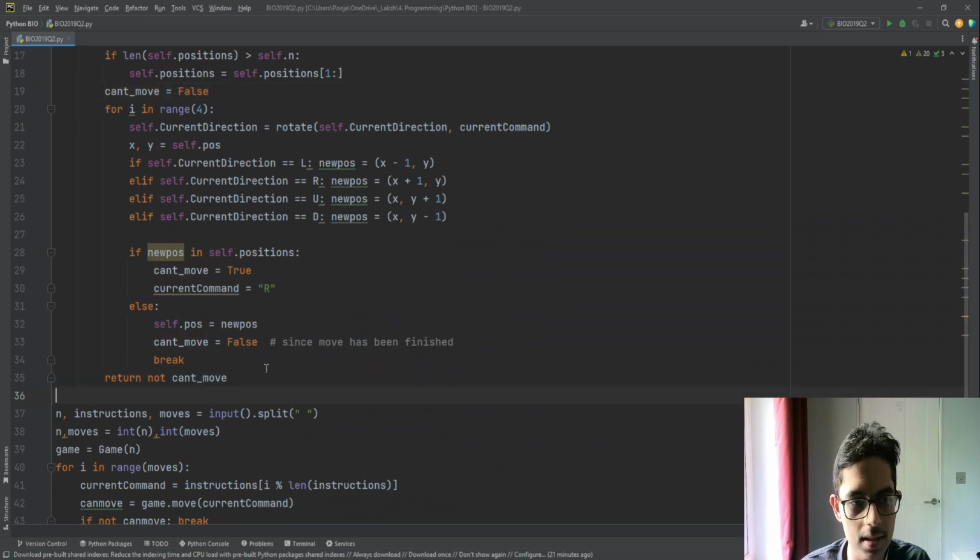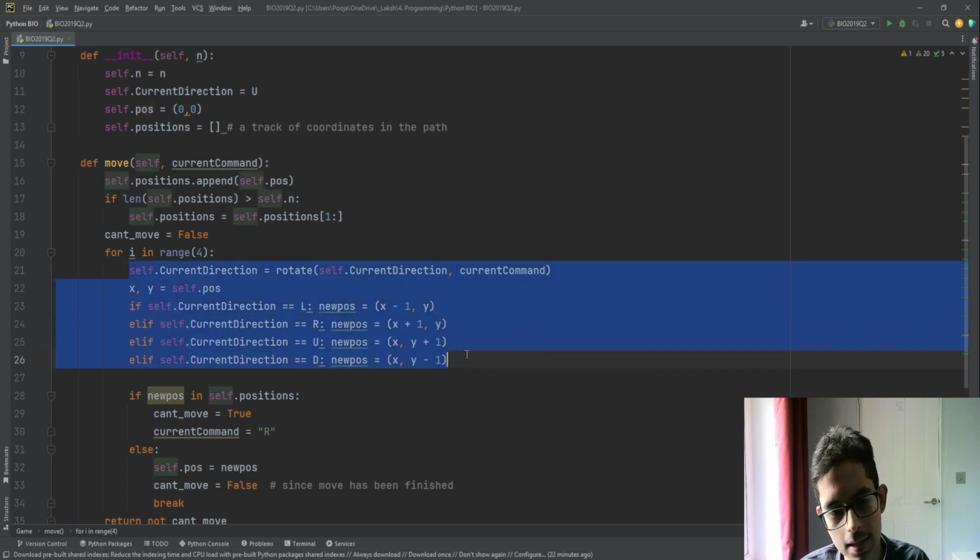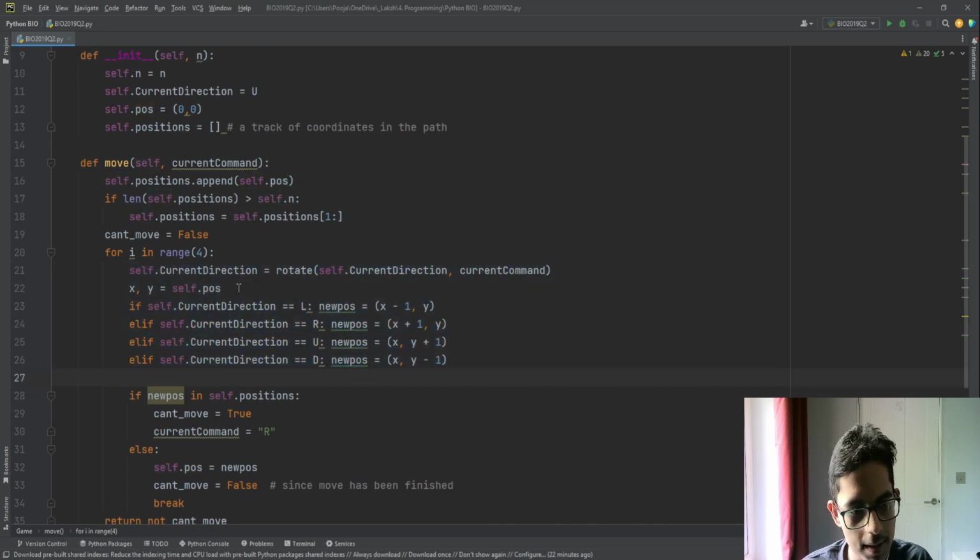And that means that the game will finish early since the player can't make a valid move. But aside from that edge scenario, in the normal situation, the current direction will be the rotation of the current direction, as well as whatever the current command is. Now, this current command will be forward, left, right, etc.